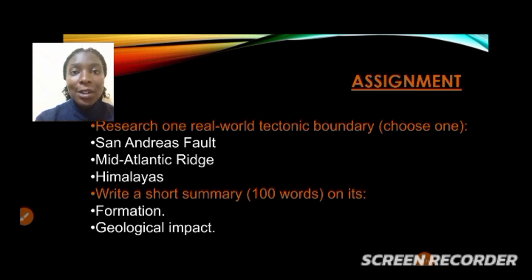Then the geological impact: after the formation, what was the geological impact? How did it impact the environment or climate change? You can explain how it impacted the climate, how it has led to change of something and something, and so on.